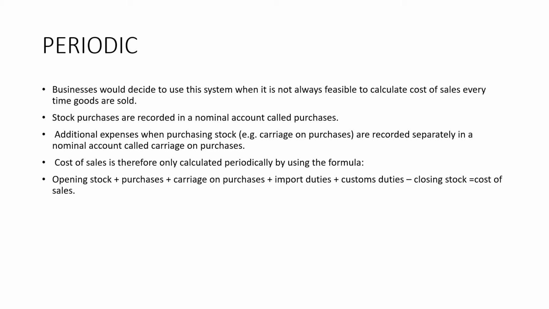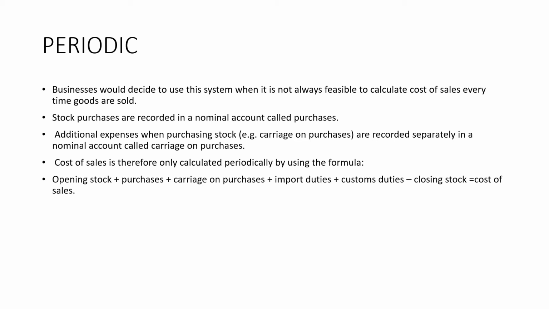Now, in a periodic inventory system, when we purchase stock, we record our purchases in an expense account, a nominal account called purchases. We don't record it as an asset in the trading stock account as in the perpetual inventory system, but we record it in an expense account called purchases.